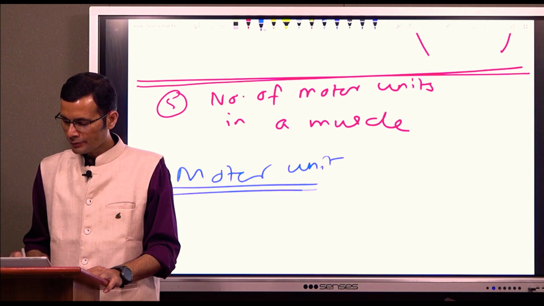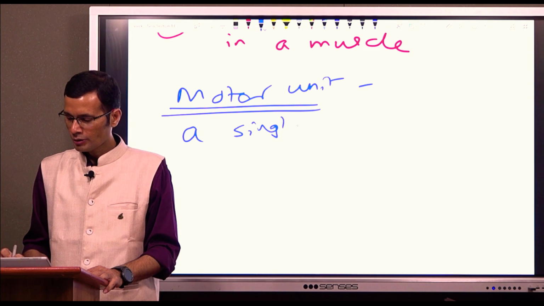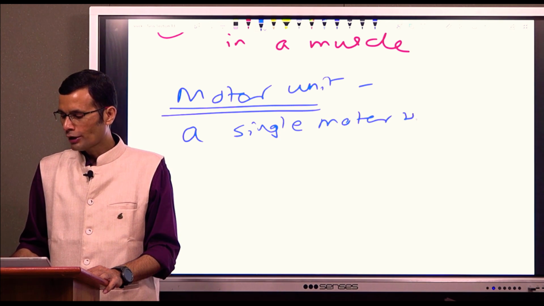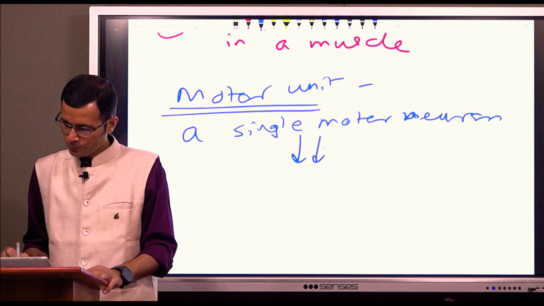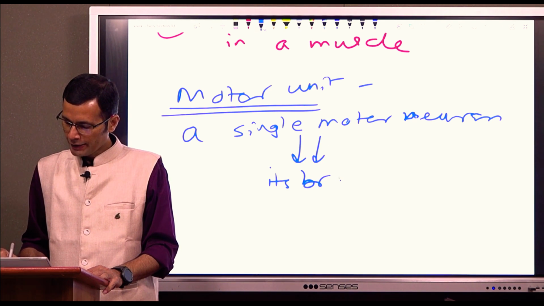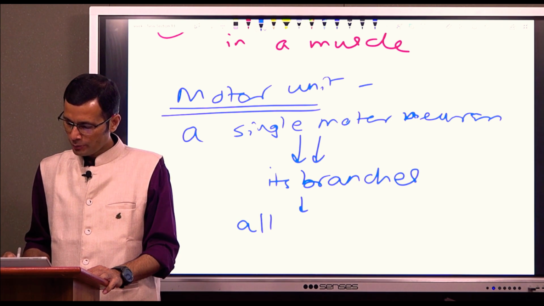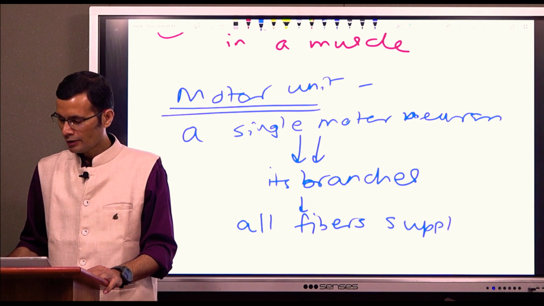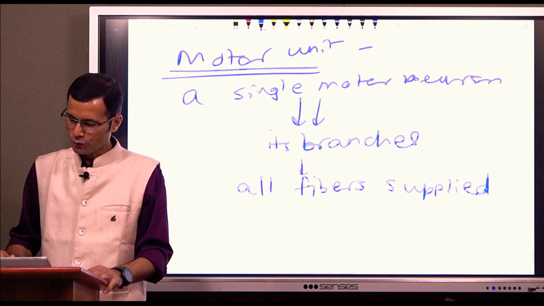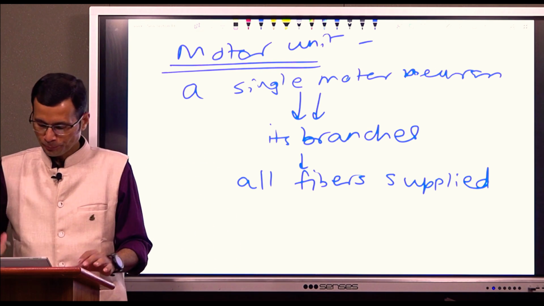Motor unit is a single motor neuron, and its branches and all the muscle fibers supplied by that motor neuron. That makes a single motor unit.